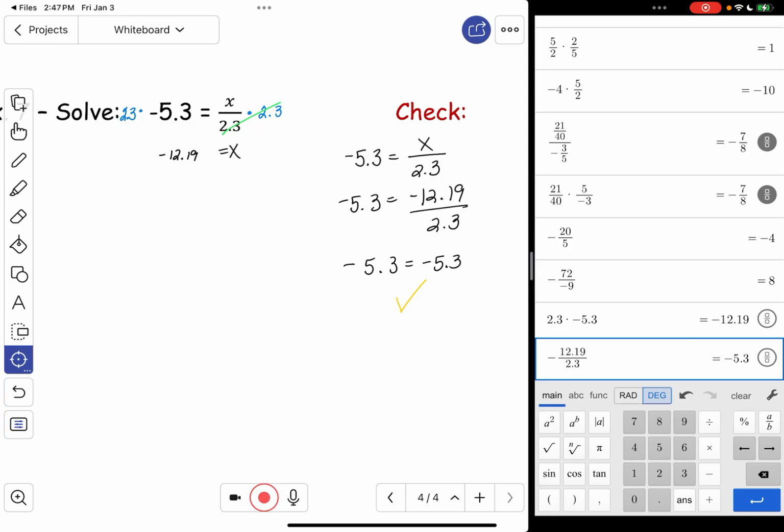Don't forget to use your calculator to help you with complex operations like fractions, decimals, and negatives, and check your answers to make sure you're correct, and be sure to show your work. Your teachers cannot help you find your mistakes if you're not showing your work, and it doesn't take you very long to show those steps.